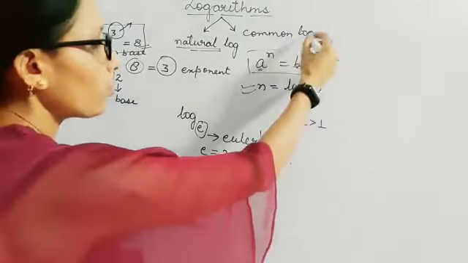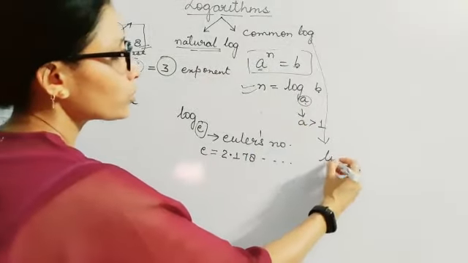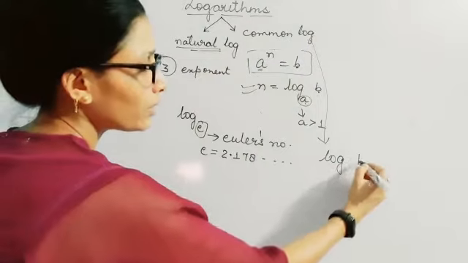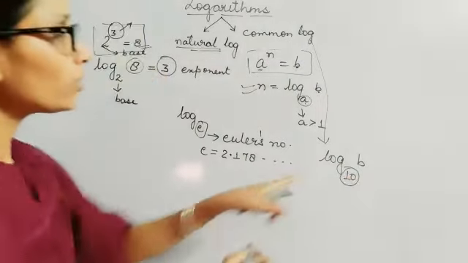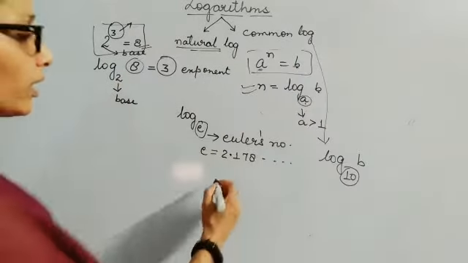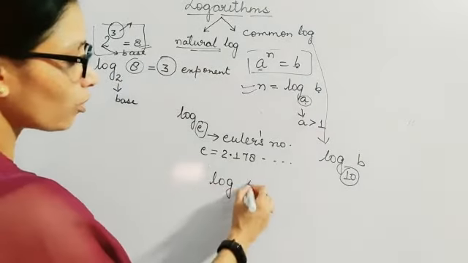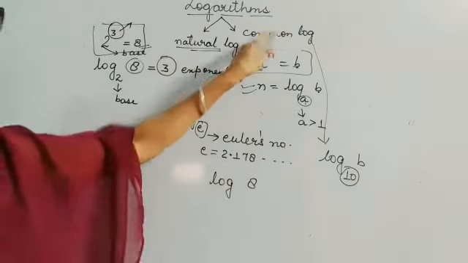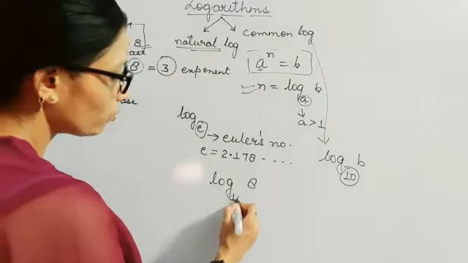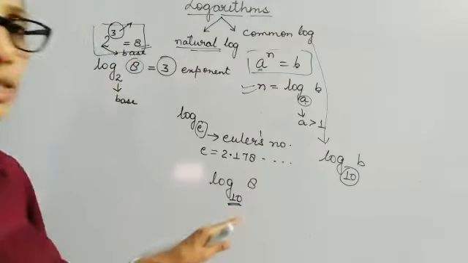Whenever you have common log, then you write it as log of, say, b to the base 10. So if 10 is given to you, then it is taken as common log. If it is simply written as log of 8, then you should always consider it as common log, that means you should choose your base as 10.